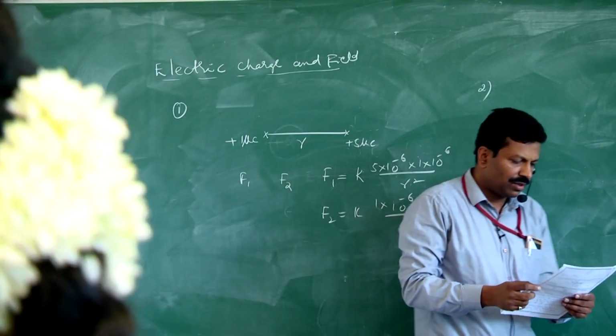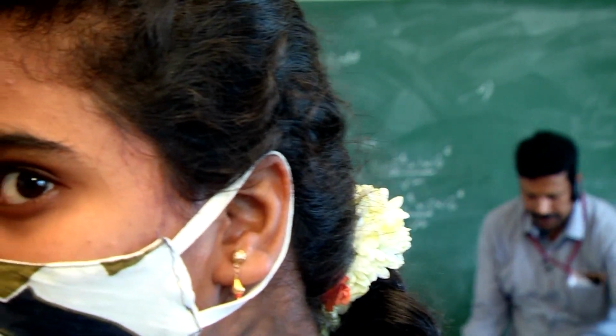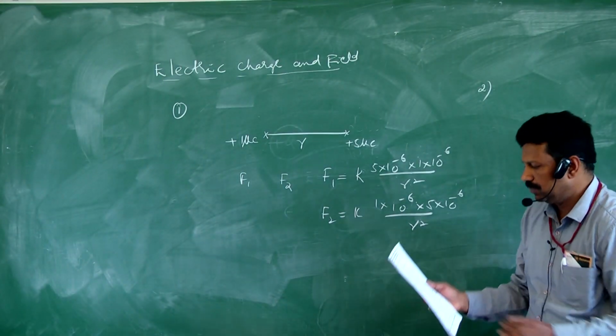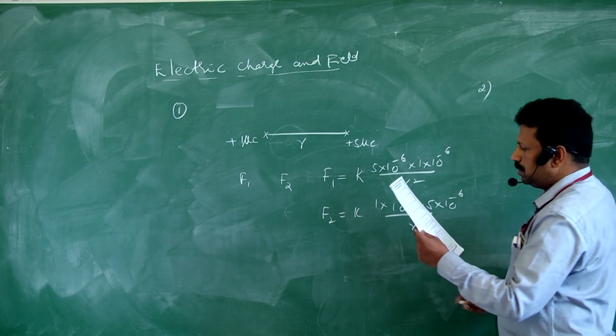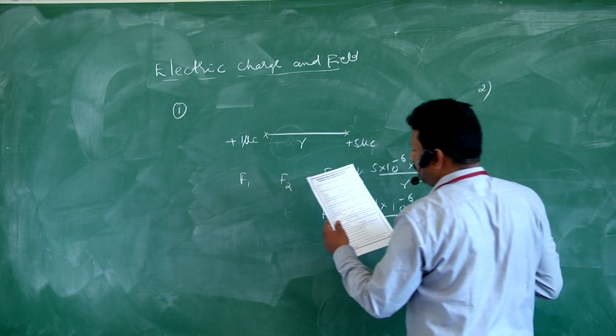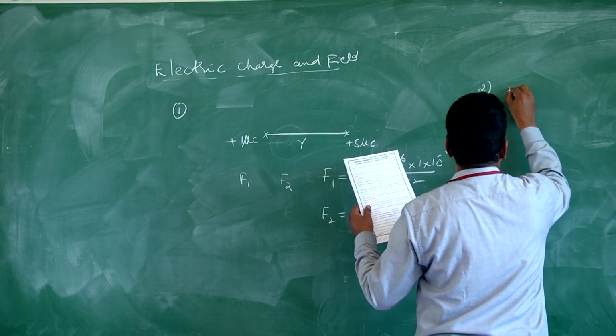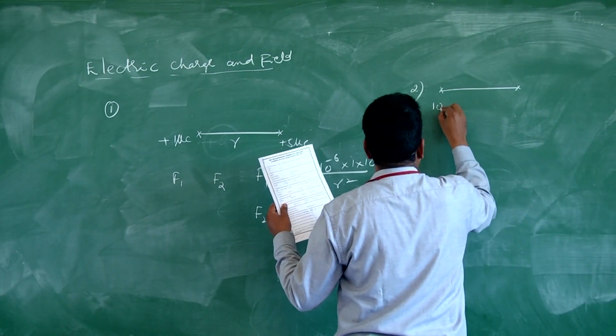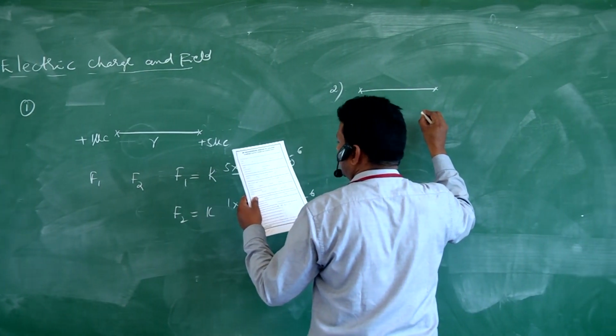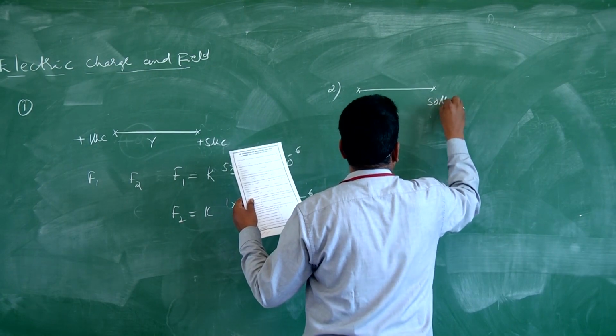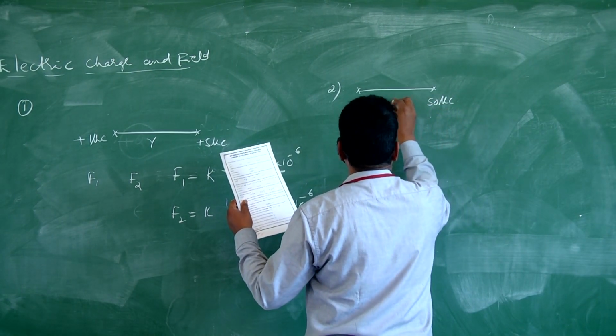Question number 2. Charges 10 microcoulomb and 50 microcoulomb are placed 4 meters apart. So there are two charges, 10 microcoulomb and 50 microcoulomb, 4 meters apart.